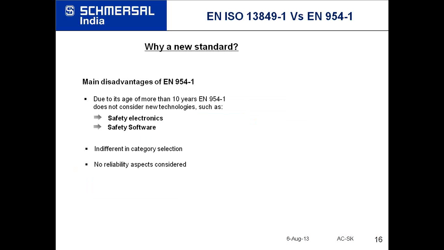Because the older standard was developed almost 10-20 years ago, and there were many advancements in the automation system, like safety-based electronic devices started getting manufactured. We started having software-based safety devices, and these aspects were not taken care of in EN 954-1, and that is why we had to have 13849-1 as the new standard for control systems.